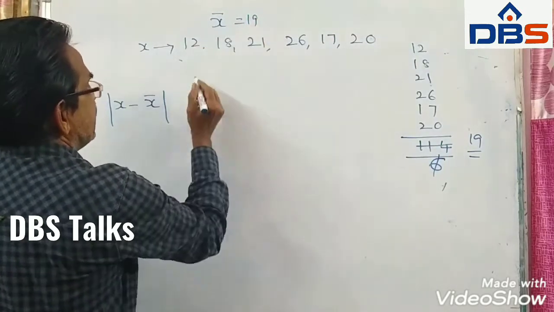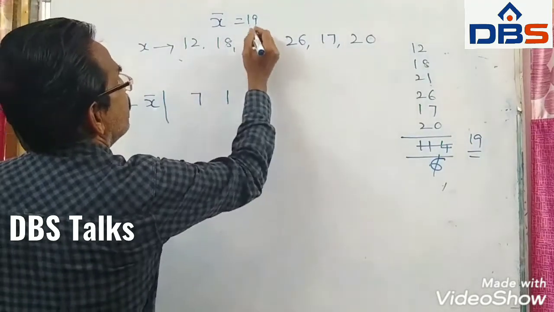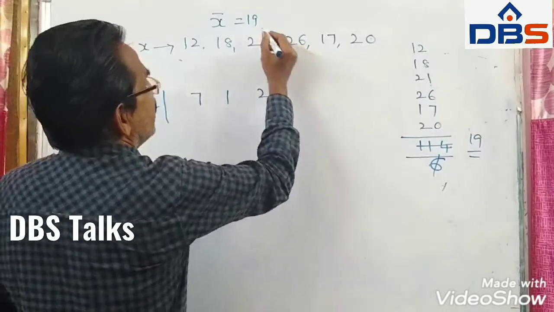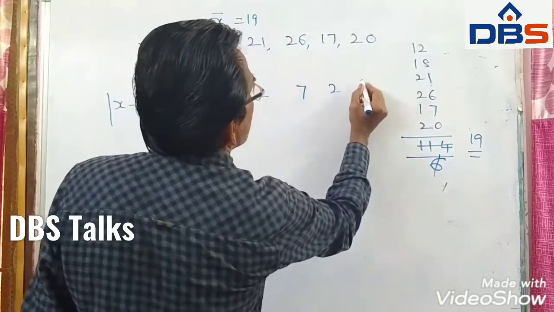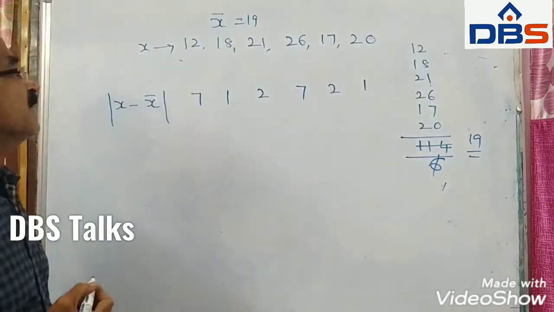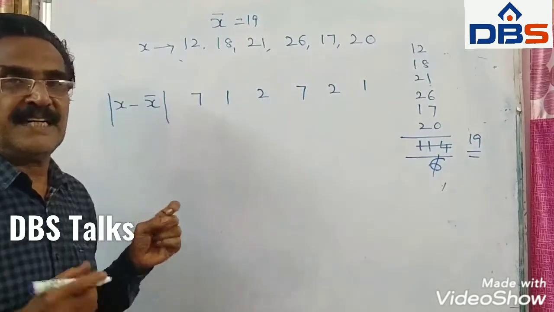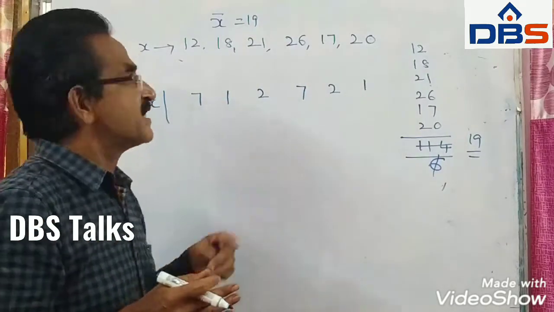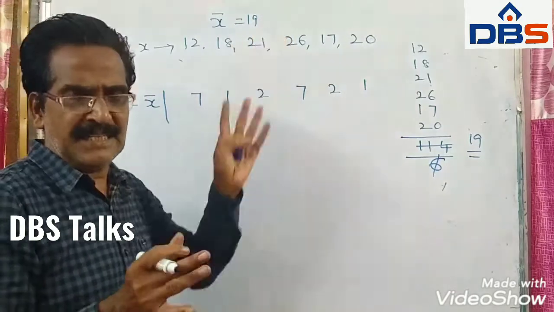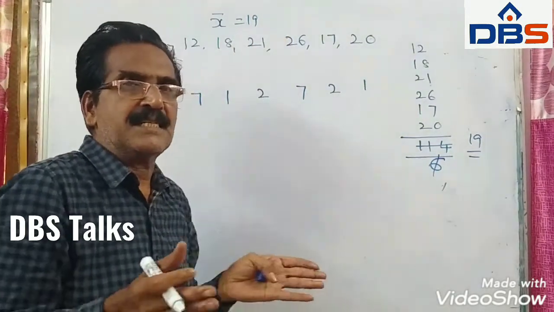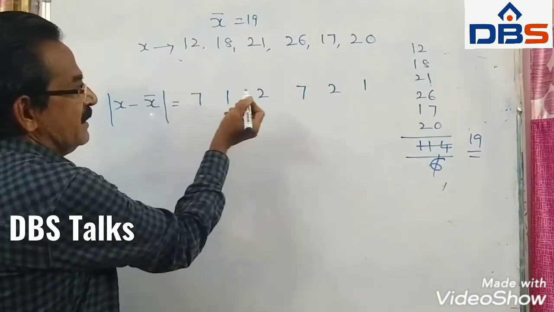The differences between 19 and the values are 7, 1, 2, 7, 2, 1. These are the x minus x bar, that is deviations of these values from the central value. Deviation in the sense difference, distance.